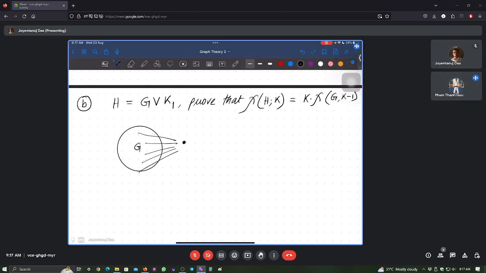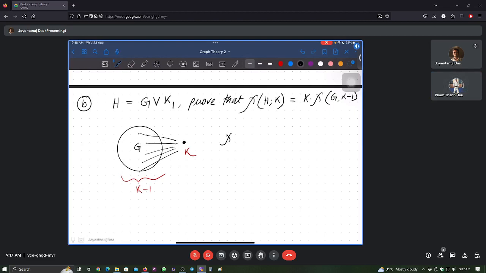So the thing is, the outside vertex we can color in K ways. Now the remaining graph I can color it with K minus 1 colors, right? So directly it follows.